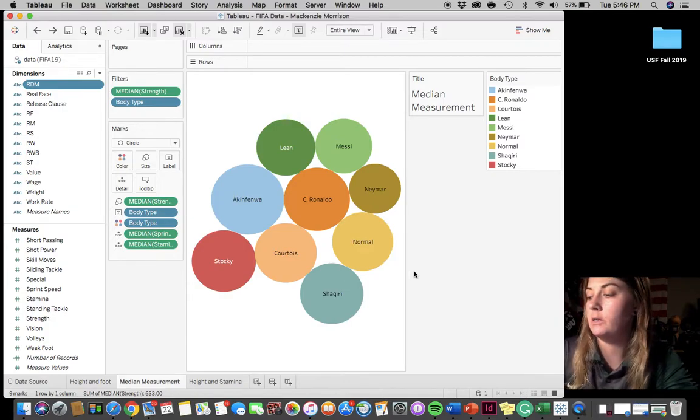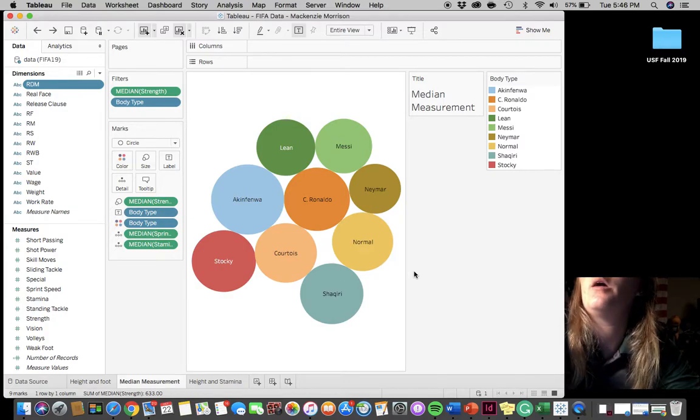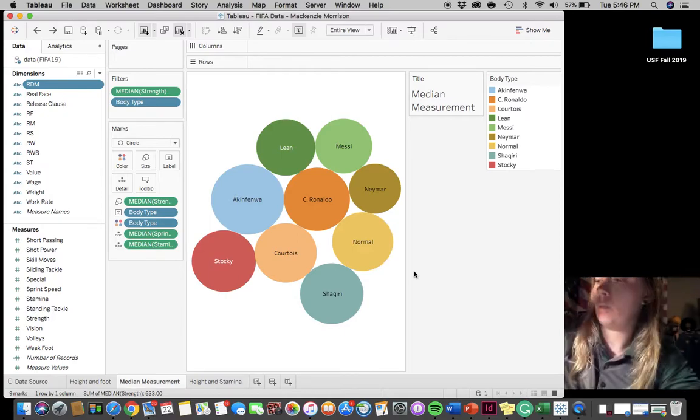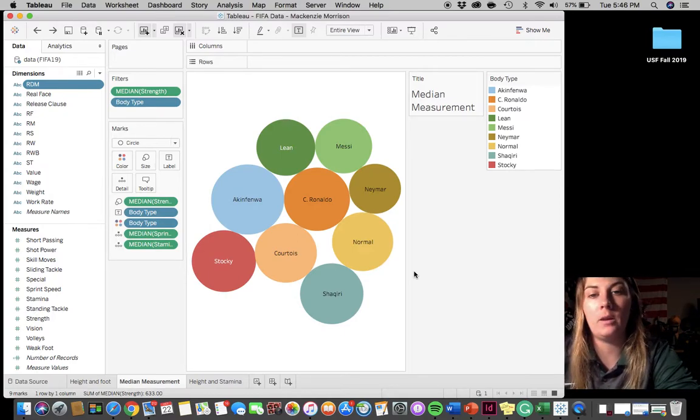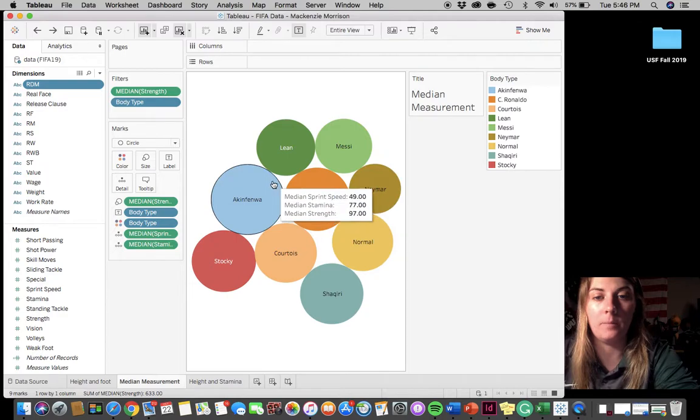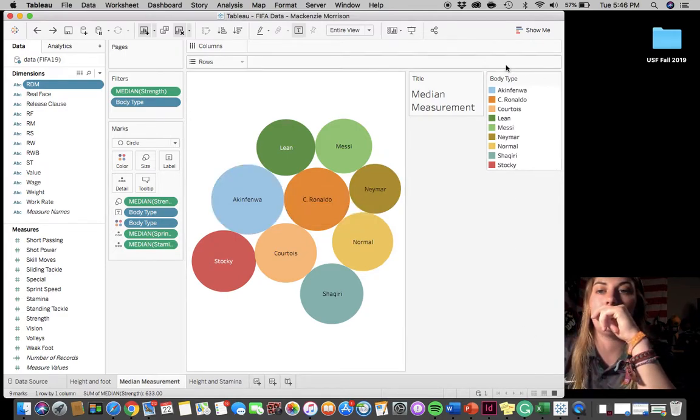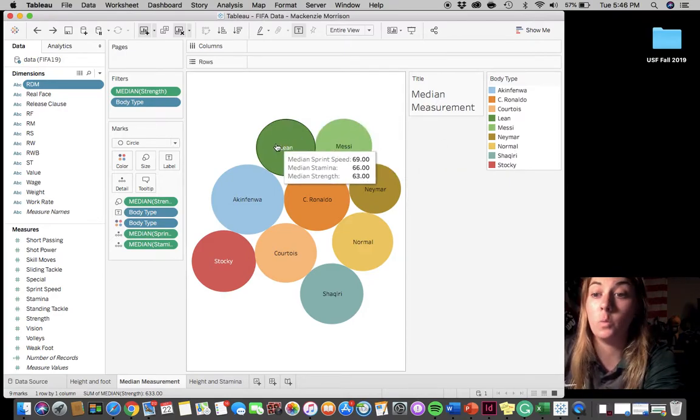Lionel Messi is an Argentina professional soccer player. And we have Neymar. And if you highlight over these little circles here, which also list body type, it gives the median speed, stamina, and strength that I keep talking about.